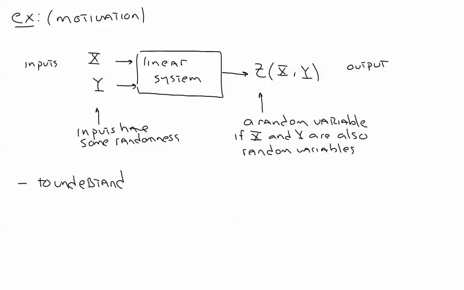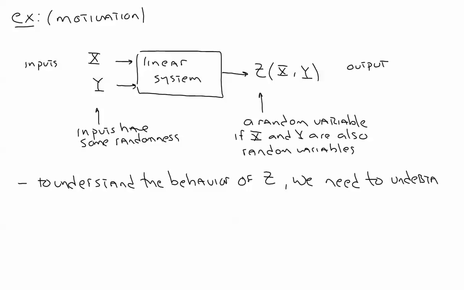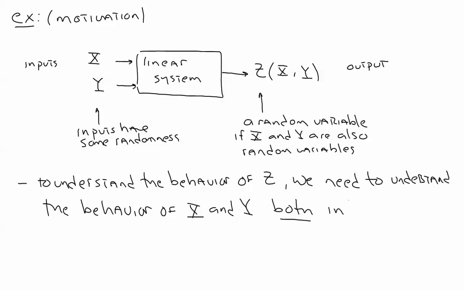To understand the behavior, and by behavior I mean its mean, its variance, its normalized power, standard deviation, those kinds of things, of z, we need to understand the behavior of the random inputs x and y, both individually and jointly.